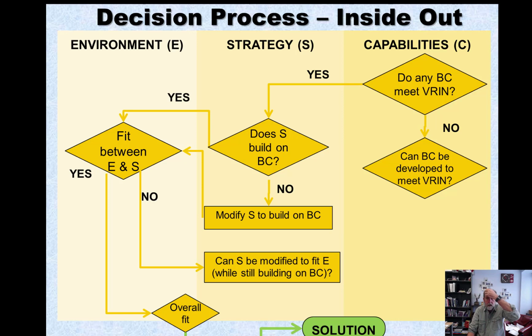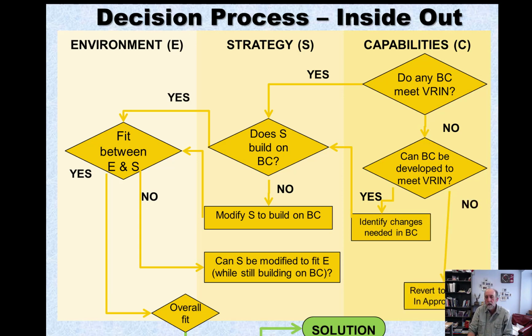And then we've got to ask, can the capabilities be developed to meet VRIN? If yes, then we're good and we move back to everything else. If no, though, we don't have any capabilities that meet VRIN criteria, well, then we might want to think about reverting to an outside-in approach.